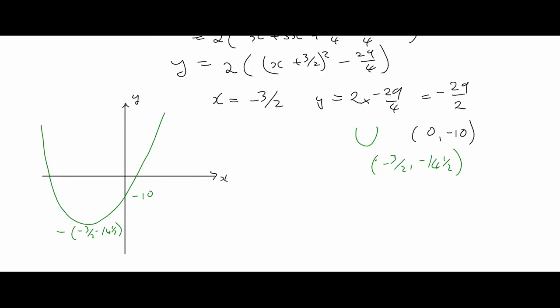Now the 2 points at which it crosses the x-axis, well, they're not going to be whole numbers. Often a question won't ask for those in that case, so you wouldn't need to put them in. If you did need to put them in, you would have to find the decimal values by solving the quadratic equation.